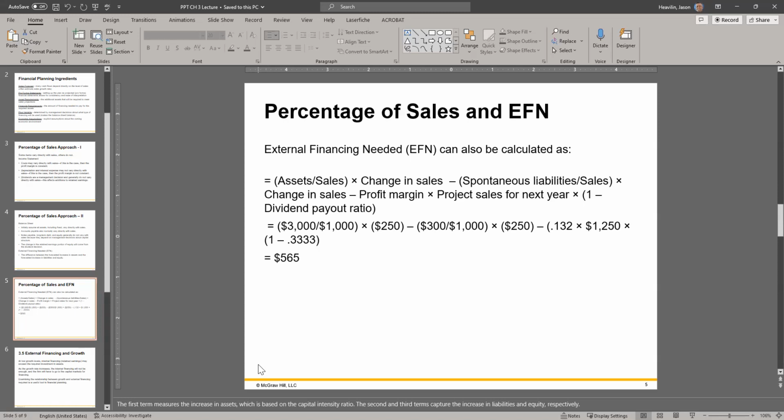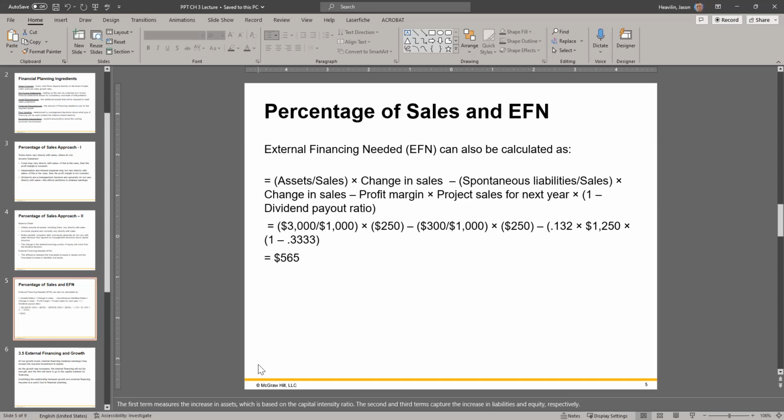You have the assets divided by sales, multiplied by the change in sales. Then you subtract the spontaneous liabilities divided by sales times the change in sales.